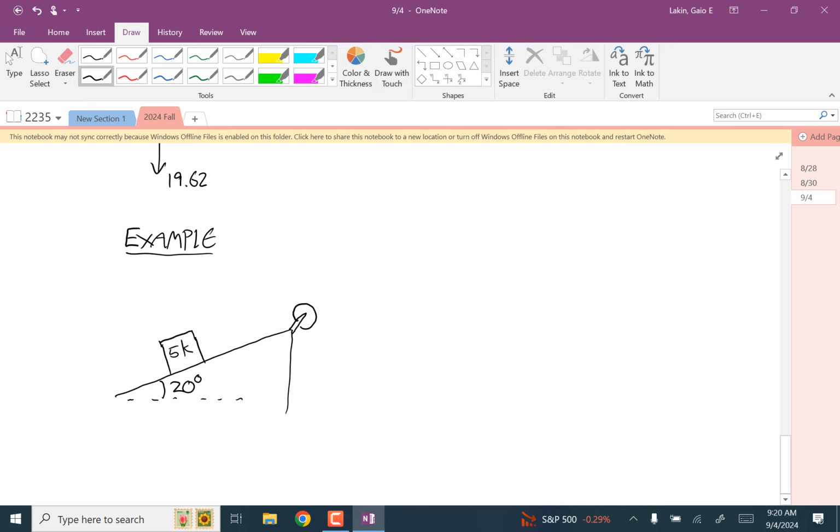And we have a 5 kilogram box that's connected by a cable that passes through the pulley to a 1 kilogram. And we're assuming that this is in static equilibrium. And we want to calculate the forces on each body.